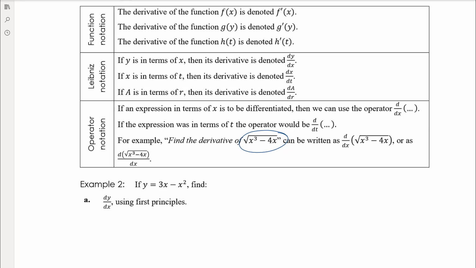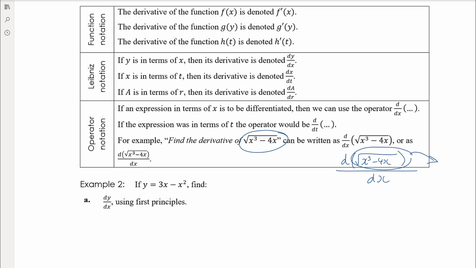It doesn't equal y, so it's not dy dx. It doesn't equal f of x, it's not f dash x. We just want to find the derivative of that, and so we want to differentiate that with respect to x. Actually, the way this is really written is essentially we're finding the derivative of x cubed minus 4x with respect to x. But just to avoid such a big cumbersome fraction, we tend to take that little bracket and write it off the side of the fraction. But it is the same thing. So it says that on the next line here.